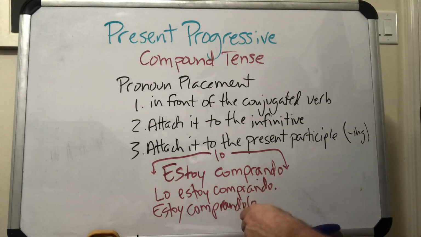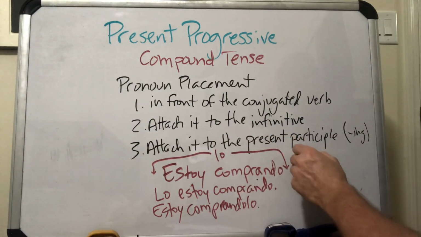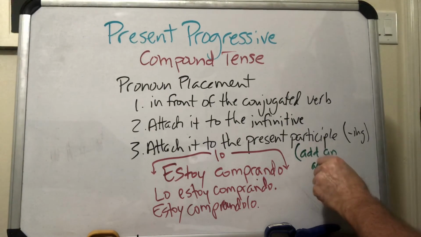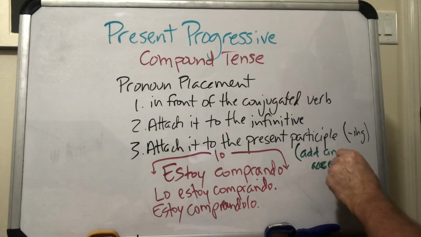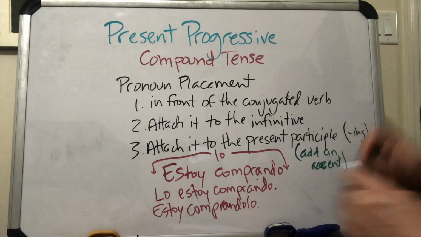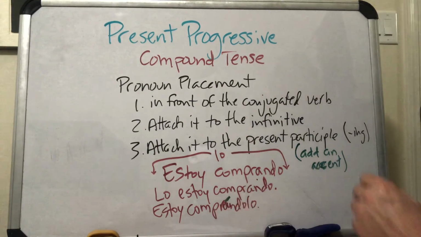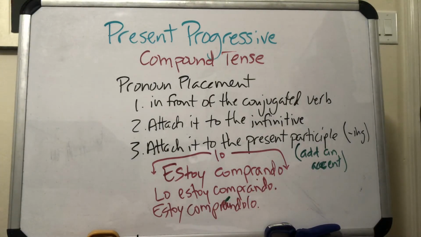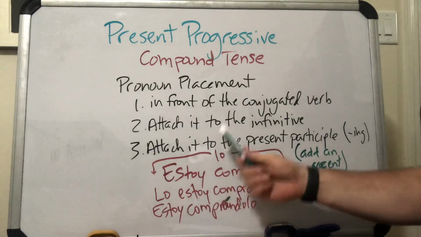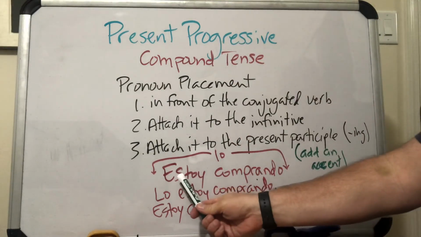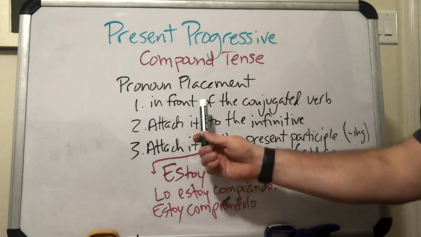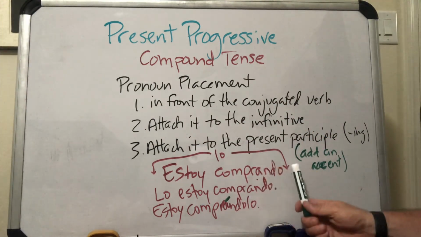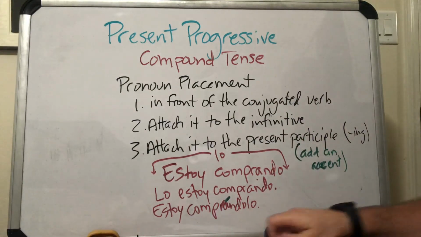So if you attach it to the present participle, I'm going to add an accent. You need to do that so that your voice keeps going up at the same place. So we're going to put it right there. So estoy comprándolo, okay? But again, with the present progressive, you have both. You have a conjugated verb, which is numero uno, and you have a present participle, which is numero tres. So if you have a pronoun with that.